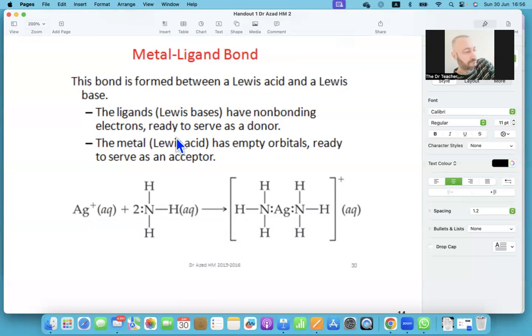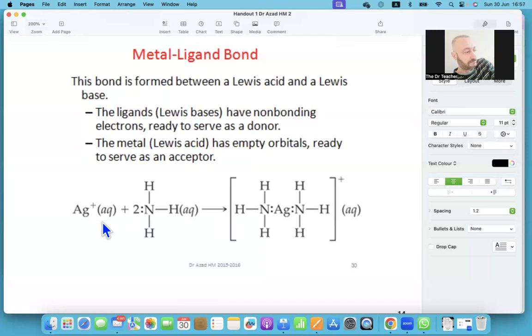The Lewis acids are the ones that have lost electrons or have empty orbitals, ready to serve as an acceptor. So the ligands are the donors because they have lone pairs. They are Lewis bases, whereas the metal is a Lewis acid because it has empty orbitals. It can accept the lone pairs from the ligands.